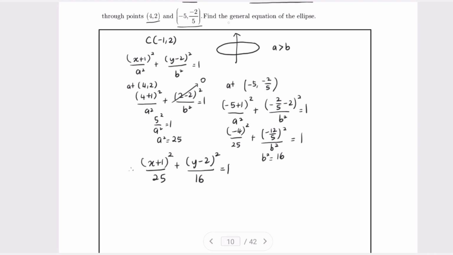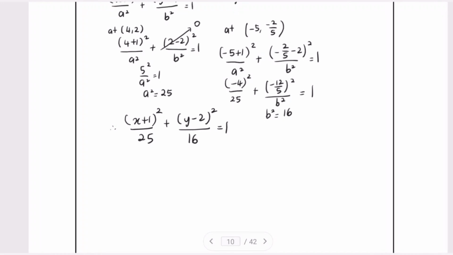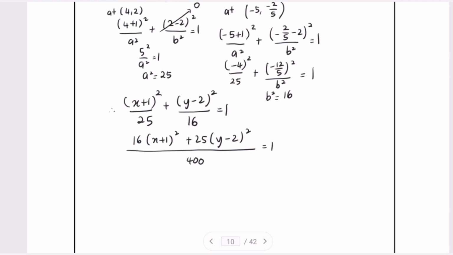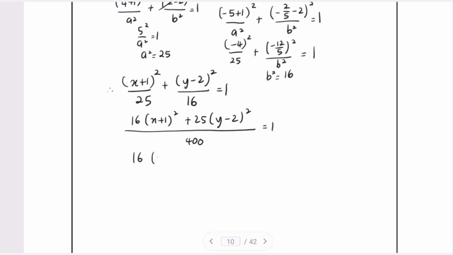But then the question actually asks for the general equation of the ellipse. So you need to expand this formula. You get 16(x plus 1) squared plus 25(y minus 2) squared over 400 equals 1. Simplify again.